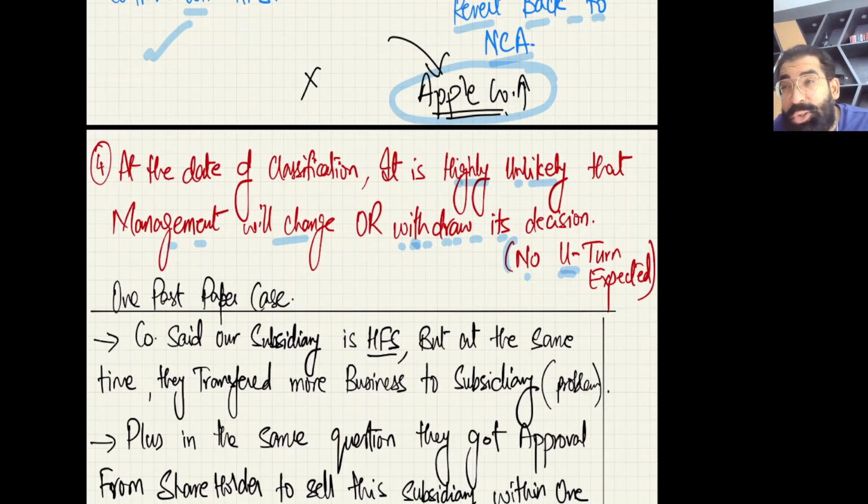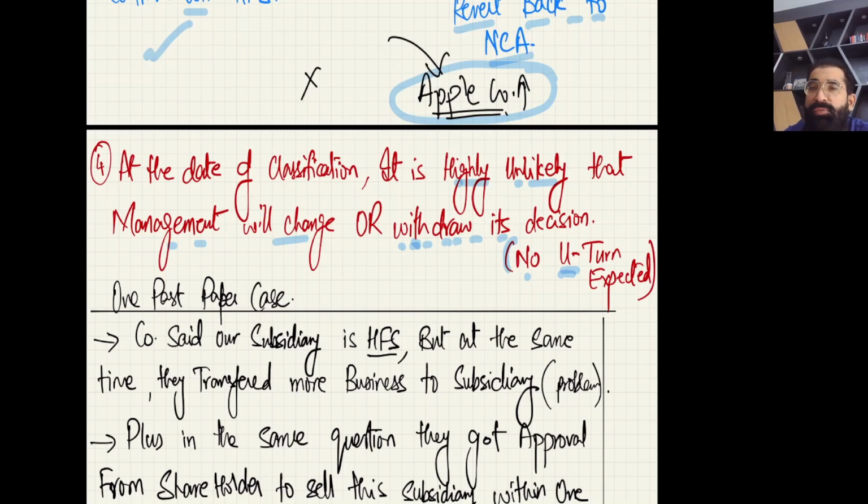So that means I'm not sure of selling this property. There is some problem in my words. So in that case, it's not held for sale. It's not confirmed, because sometimes I'm saying I will sell this, and then I'm saying I'll sell that. If the fair value of those shares goes up, I'll sell that. So it's not held for sale. Dear students, it's not held for sale at all.